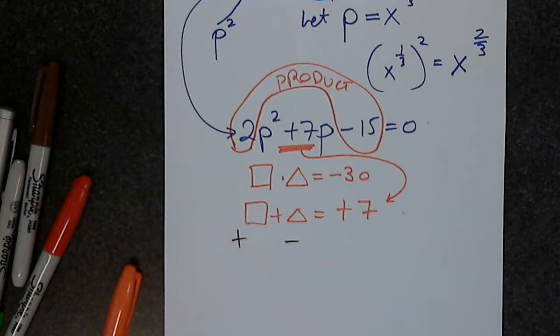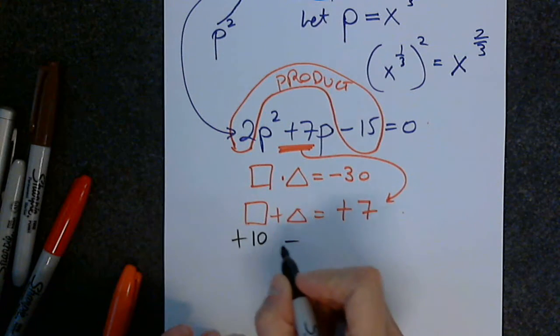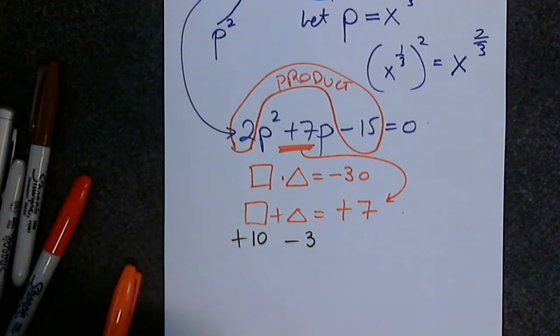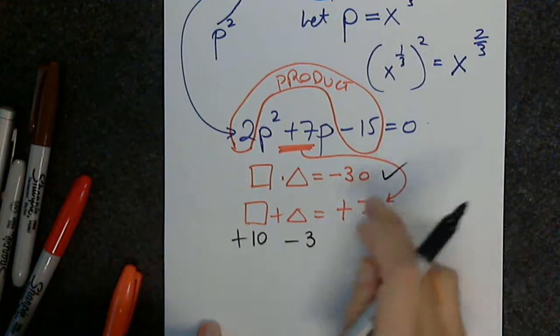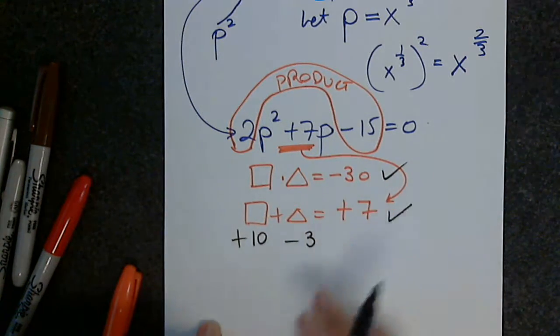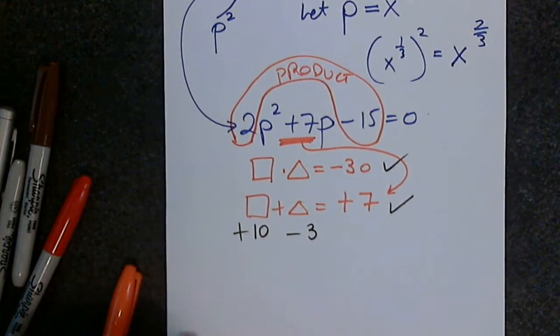Can I find two numbers whose product is -30, one positive and one negative, and at the same time their sum is +7, and they are? Very good. So 10 is positive and -3 is negative, because the product is indeed -30 and the sum is indeed +7. Both conditions have to be fulfilled at the same time.